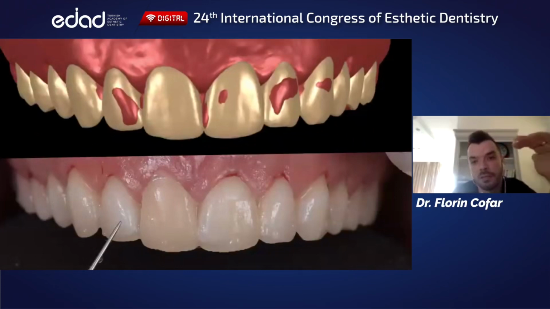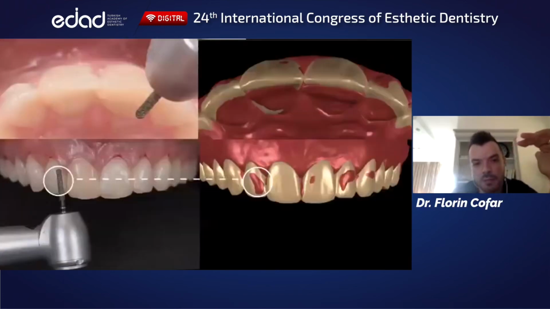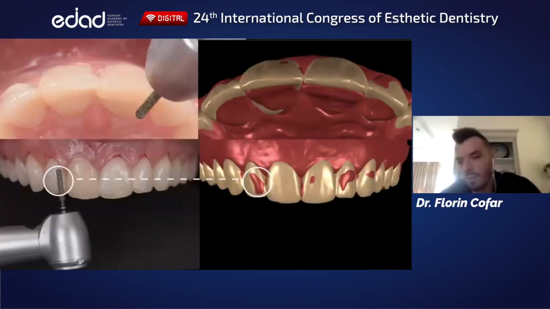First you cut the tissue, then you have to reduce the teeth. Now the easiest way to do it is to simply look on the screen. You can of course transfer base acrylic in the mouth with a different color, but to be honest, I just do it for didactic purposes rather than everyday purposes. Every day, I just superimpose the two STLs. I look on the screen, I check where I need to cut, and I cut.